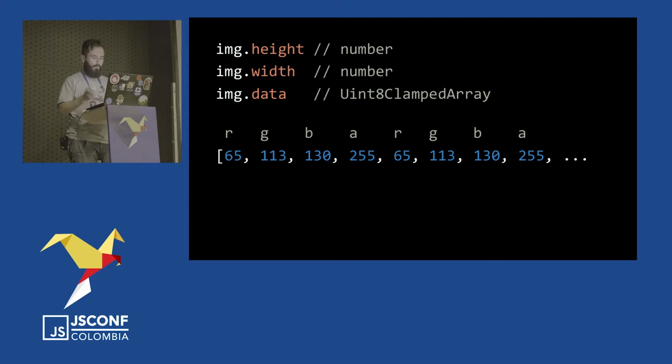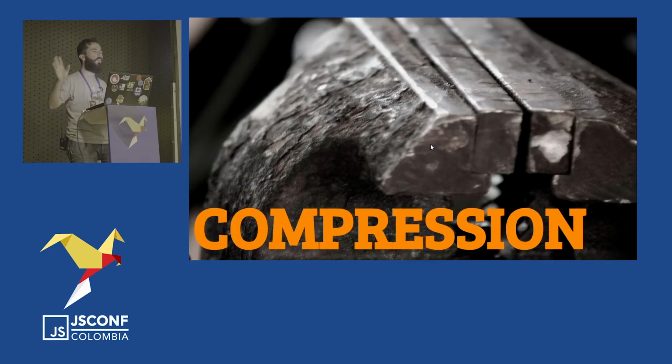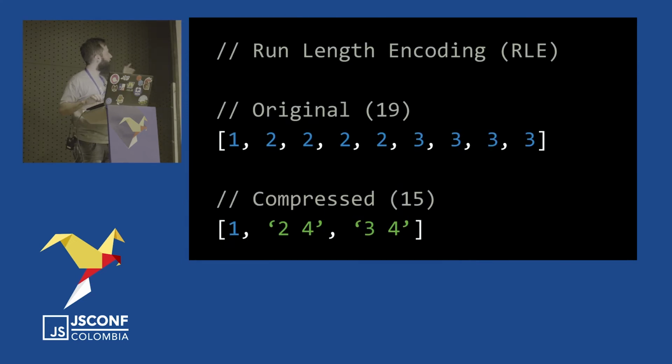So if I can do this, I can do a lot of things. I can do compression. For image compression there are a lot of algorithms. One of the most common and easiest to implement is run length encoding. Basically you have an original array, and the compressed version is writing it in another way.